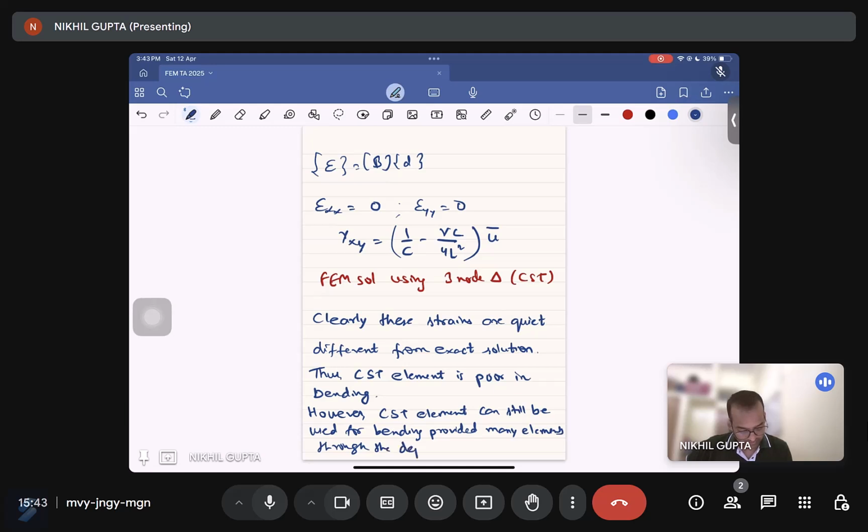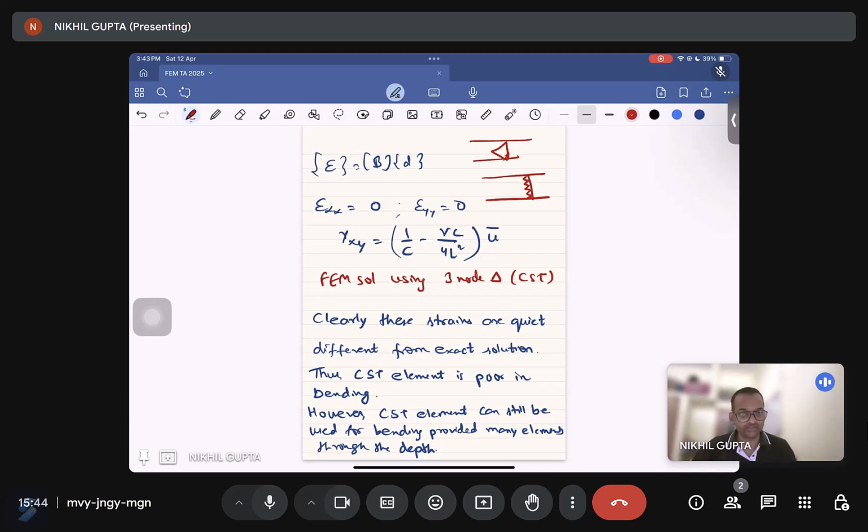So what does this mean? Since we have taken only one element here, it was behaving too poorly. But if we want to use the same CST element and refine our results, we have to make many elements across the depth so that the result is less prone to error.